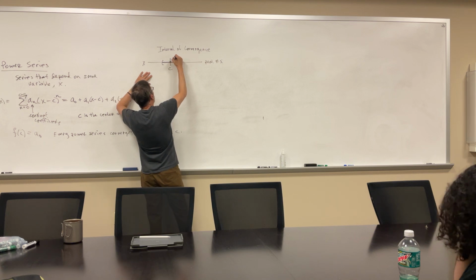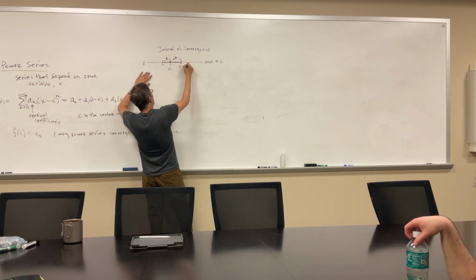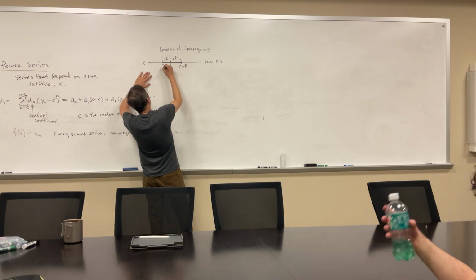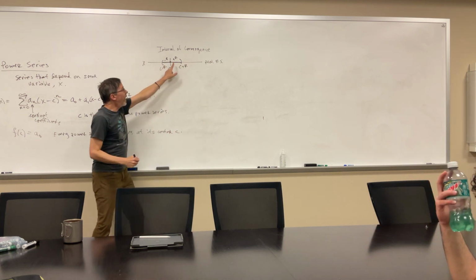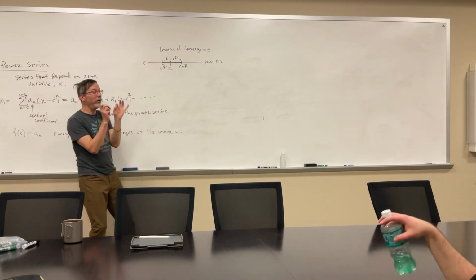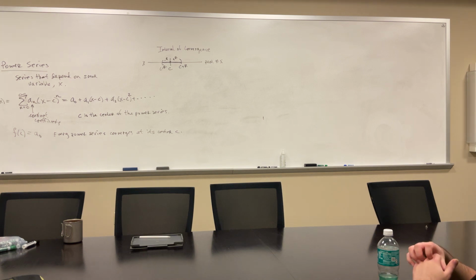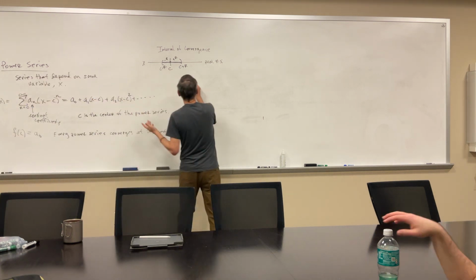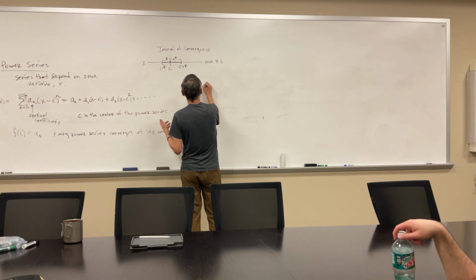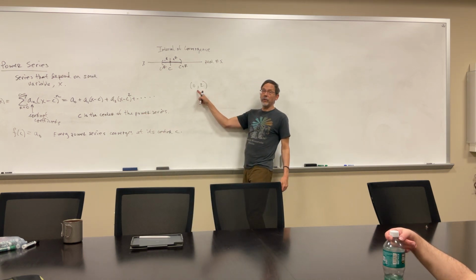So what we're going to come up with is a distance r, and the series will converge if I move r units to the right or r units to the left, not including the endpoints necessarily. So what we're going to come up with is some interval like 0 to 2. And our series will converge whenever x is between 0 and 2.